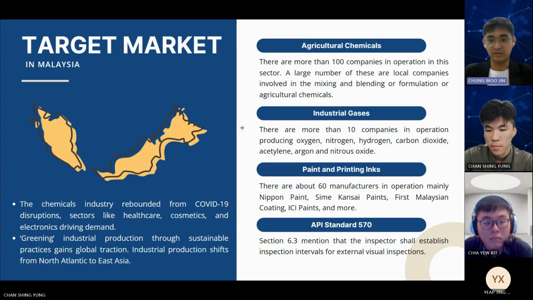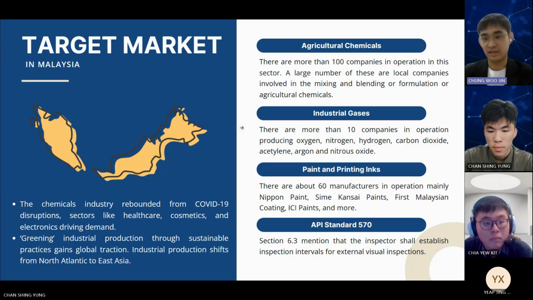In Malaysia, there are different sectors in the chemical plants, which are agriculture chemicals, industrial gases, and paints and printing inks. For the agriculture chemicals, there are more than 100 companies, mostly local companies involved in mixing and blending or formulating agricultural chemicals.